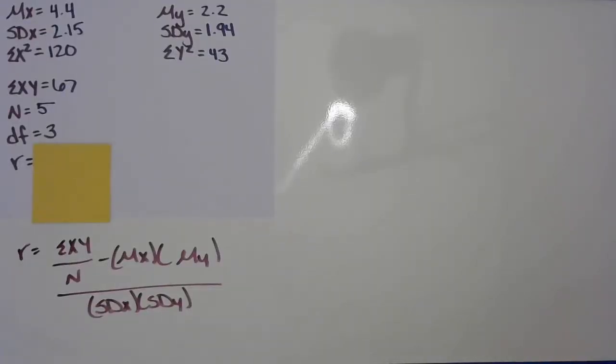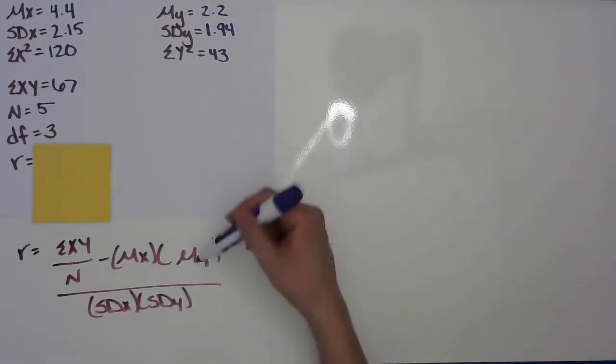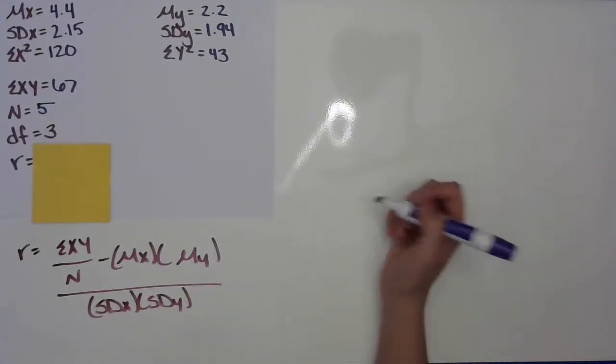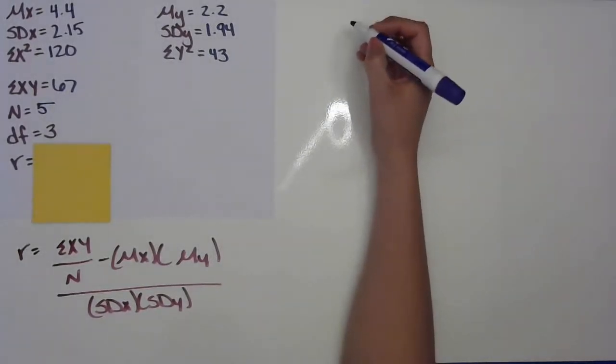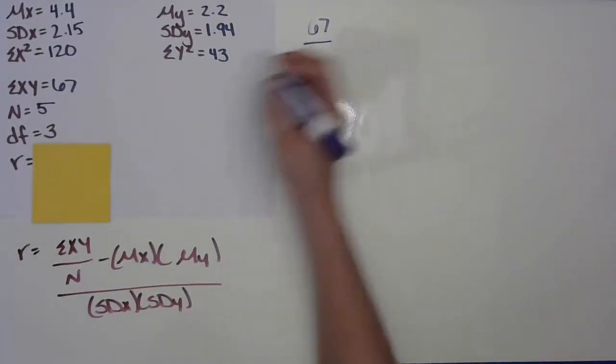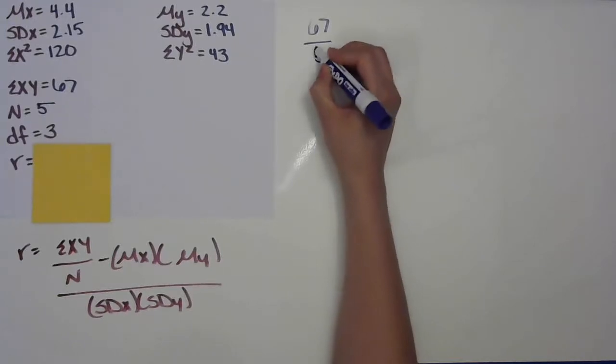The last part of the Pearson R is finding the R value. So I went ahead and wrote the formula down here. So all that we have to do is take the numbers from our sheet here and plug those right into our formula and then just solve for those. So let's go ahead and do that. We've got 67 over our N value of 5.